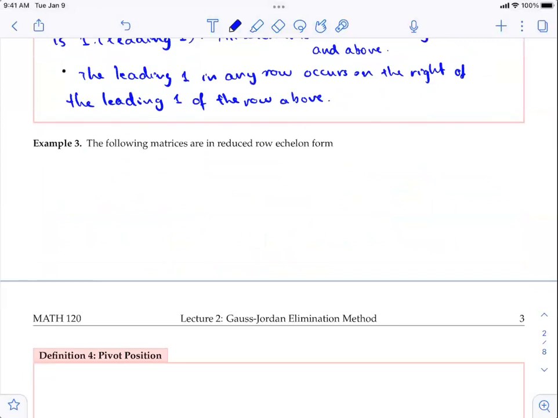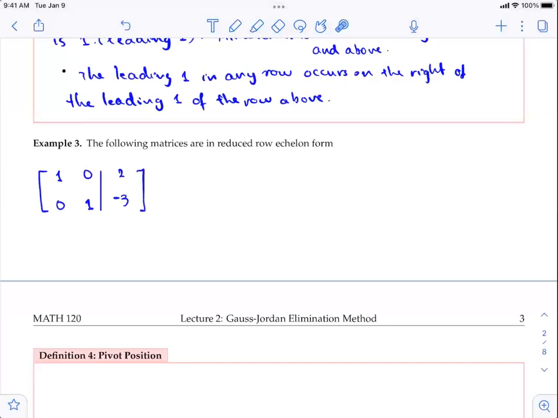Instead of any matrix, let me write down an augmented matrix. So I have the augmented matrix of the form 1, 0, 0, 1, and then a vertical line, then 2, -3. Even though we don't have any row of 0s, that is fine.